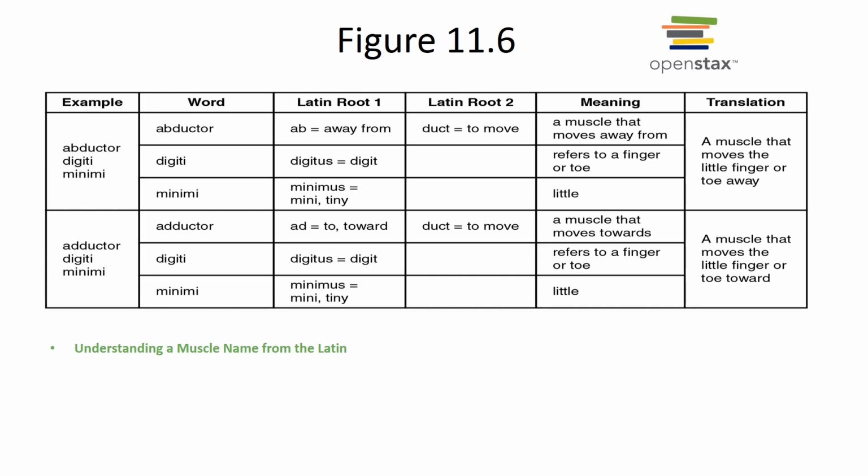Ab is away from, duct to move. So an abductor is a muscle that moves away from. Or digitus, digit refers to a finger or toe. And that might refer to a muscle that moves the little finger or toe away. This gives you an idea of how muscles are named from their Latin origins.